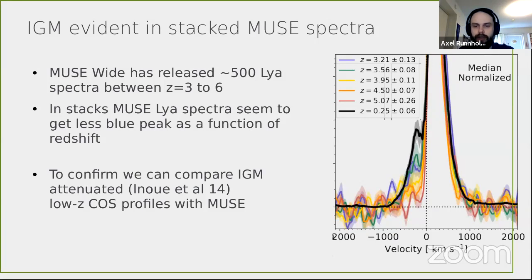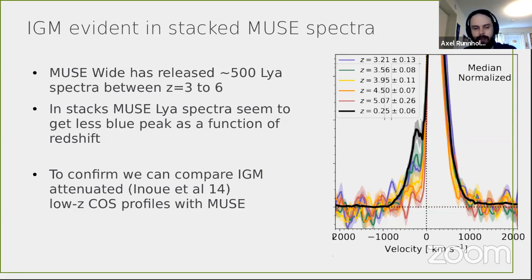So if we look at this figure here, we have the black spectrum, which is the average stacked COS spectrum at redshift 0.2. And then we have the MUSE spectra from redshift 3 to redshift 5. And what we can see is that there seems to be a decrease of the blue emission in these spectra as a function of redshift.